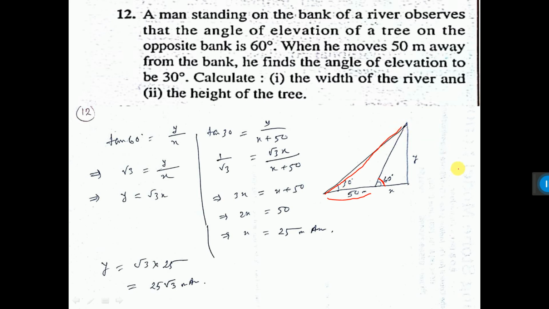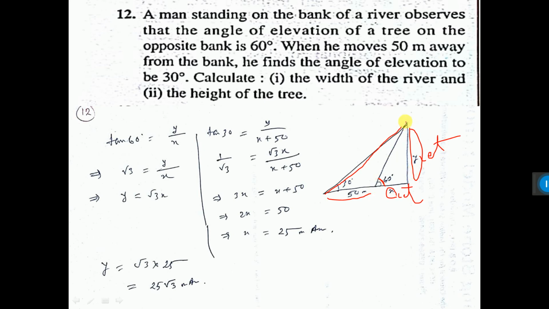I consider x the width of the river; you have to write 'let' here. The height of the tree, that is this y length, you have to calculate also. So I consider y; you write let this be y.